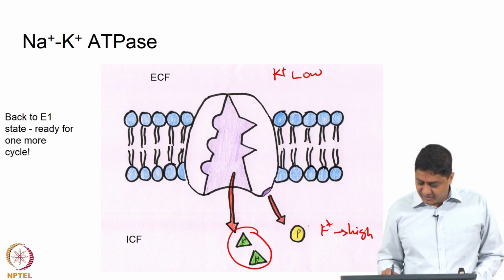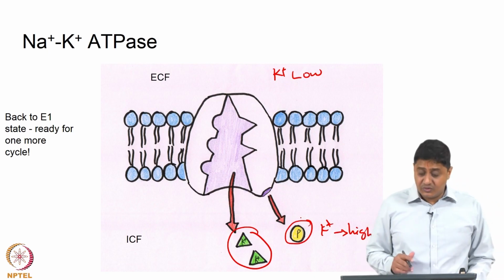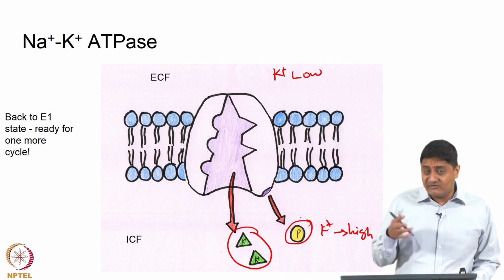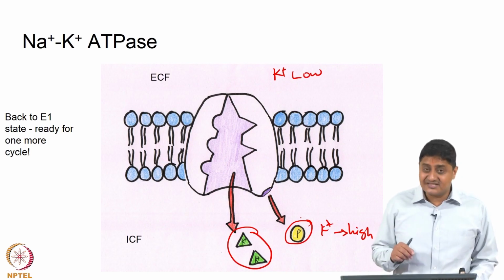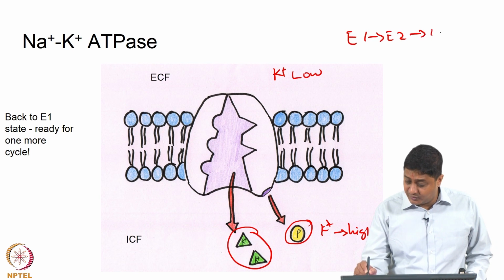And the phosphate also leaves the system. So, with the expense of one ATP molecule, the number of conformational changes undergone by this enzyme is 2, that is, from E1 to E2, and once again from E2 to E1.